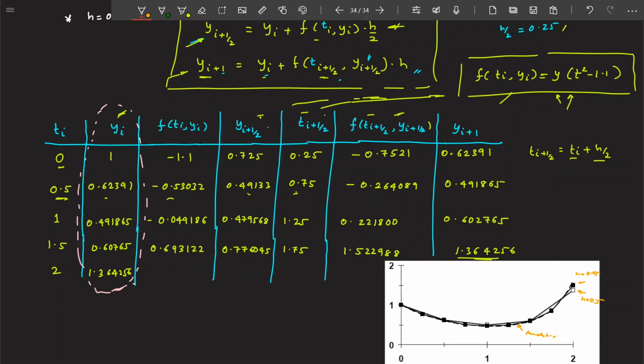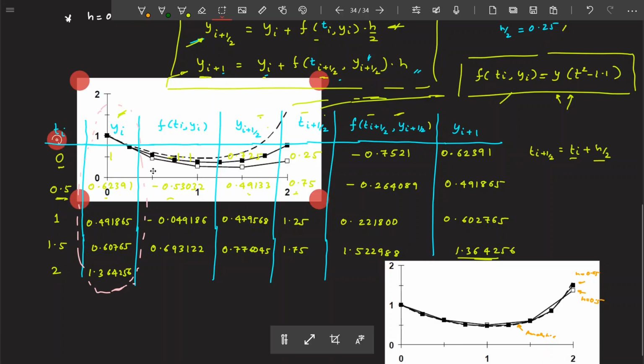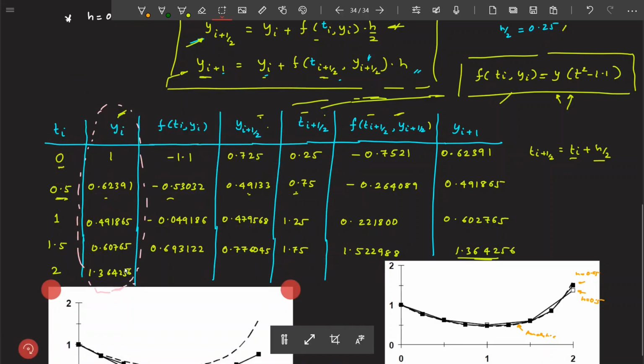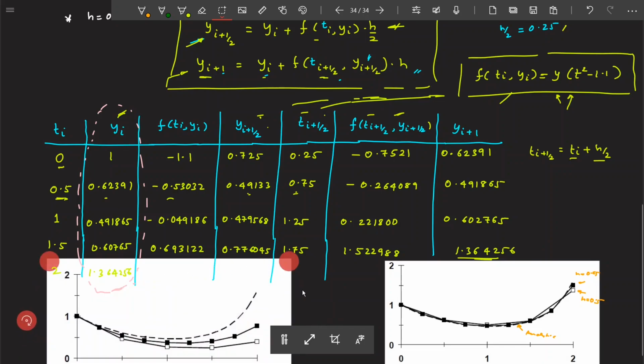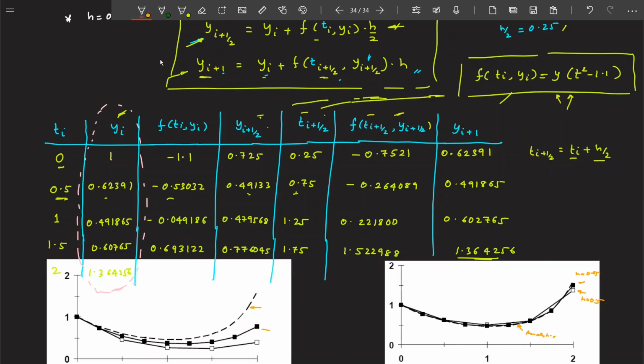Okay. And similarly, if you can see the previous graph that we had, this was the graph where this was your analytical value, and this was your Euler's method, and this also was your Euler method for 0.5, and this was for 0.25.